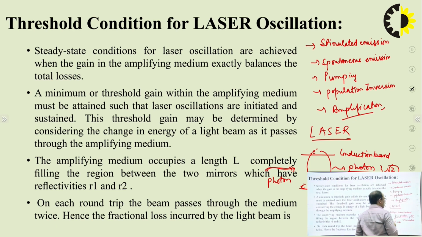It means the electron will not stay for more than 10⁻⁸ or 10⁻⁹ second; it has to be less than that. So to stay less than this time, it should be knocked out, and for that the photon has enough energy to knock out the electron and produce another photon.